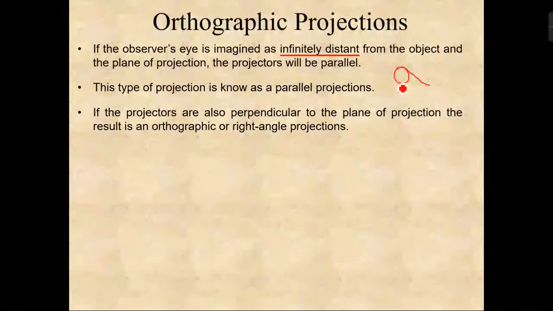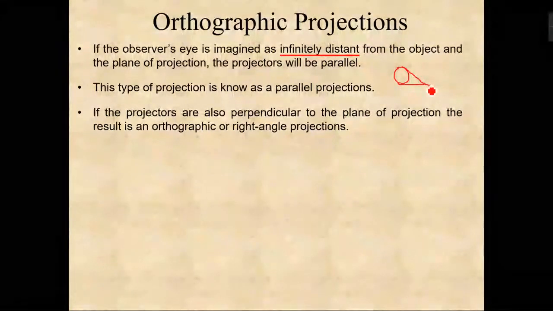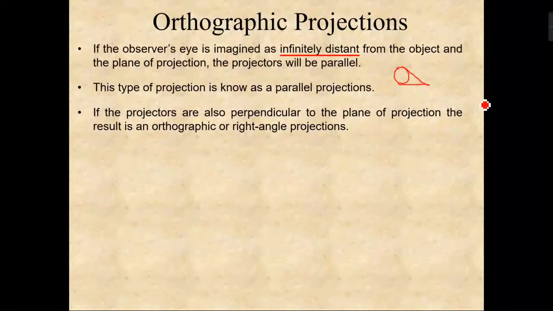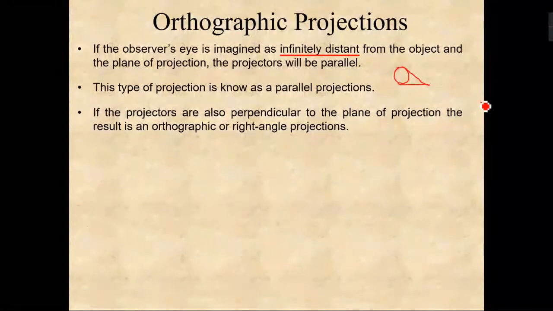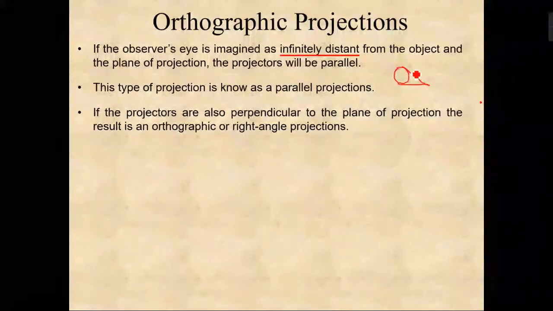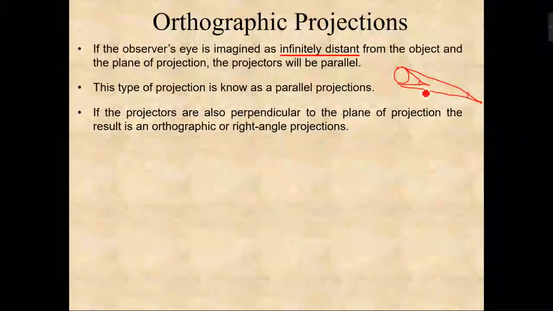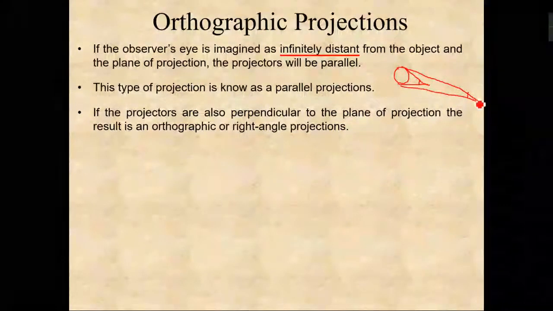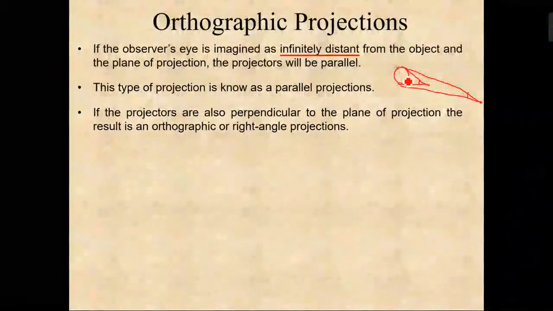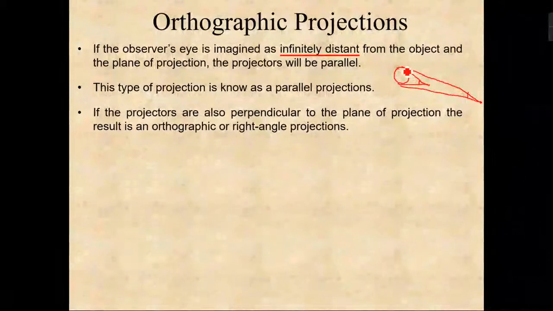Now suppose you are seeing the ball from here, then this will be your projectors. So you can see the angle gets reduced as you go far from the object. In the similar way, if you see the ball from infinite distance, your projectors will be parallel.